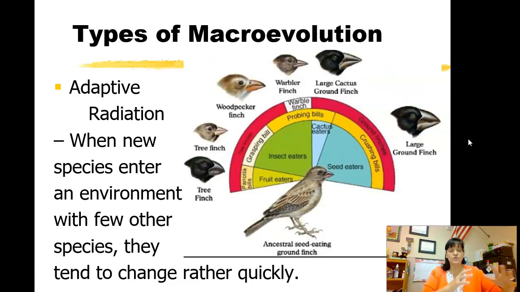Okay, you get a food source in an area with not a lot of other competition, and the beaks are going to change quickly to whatever food source, for example, on that island is good for them, as long as they're not fighting with a whole bunch of other species in that environment. Okay, so that's adaptive radiation, can happen pretty quickly.